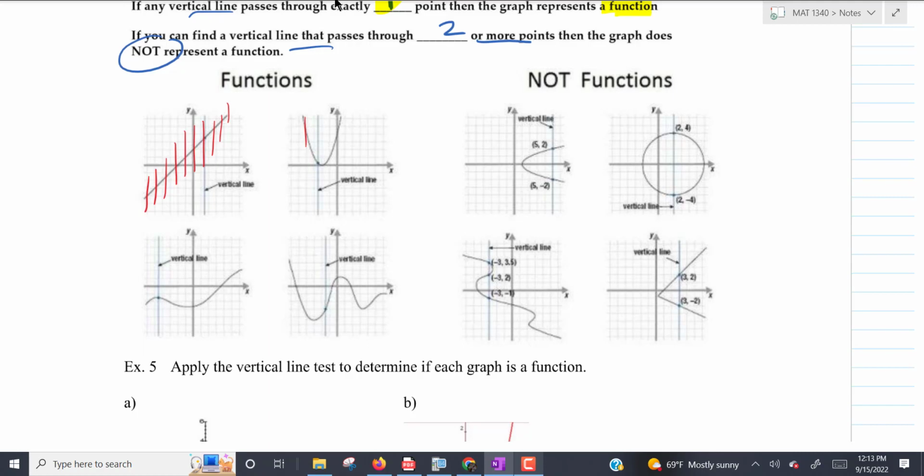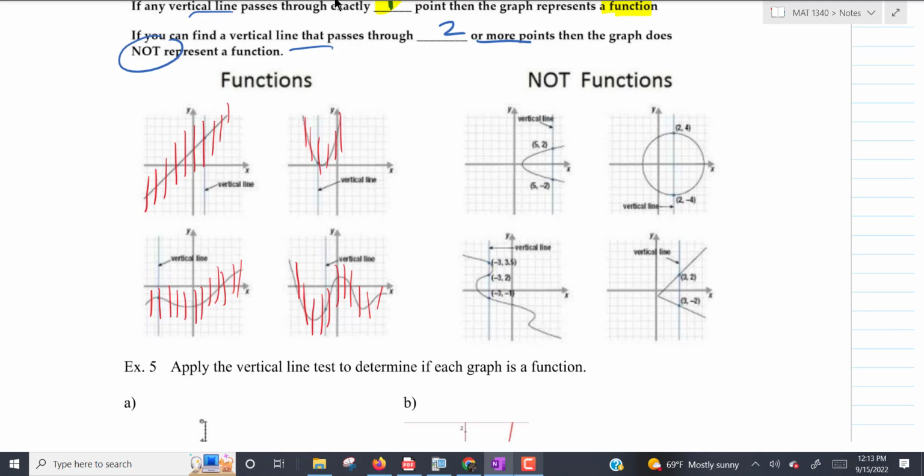This thing right here, again, anytime you draw a vertical line, it only goes through 1 point. And the same thing with these here. You don't really have to draw anything on your paper. You do this more mentally. But all of these examples right here are functions because they only touch the function in one place. Okay, does that make sense?